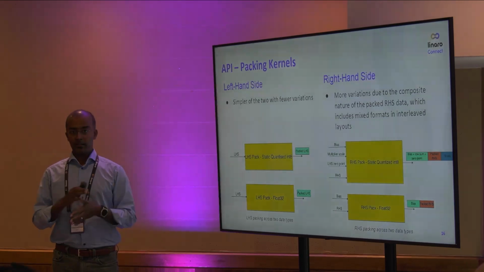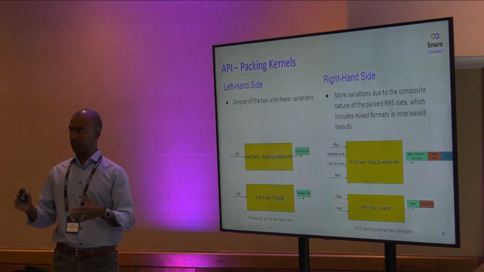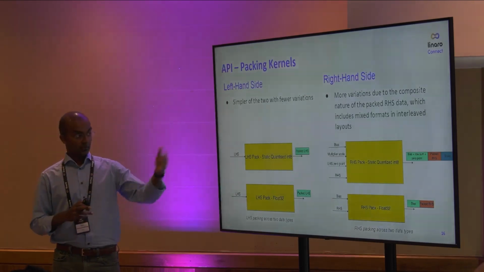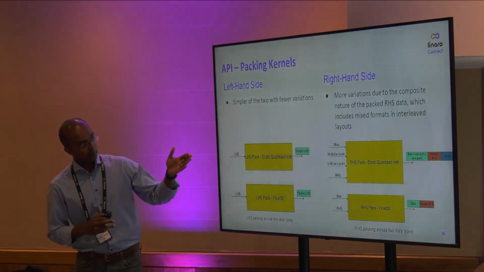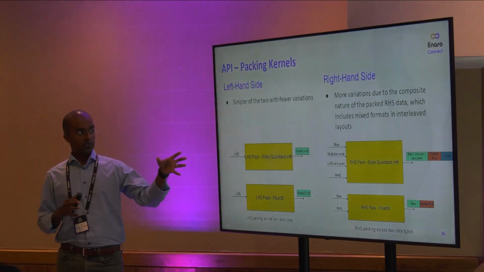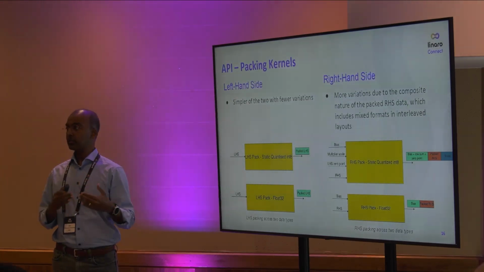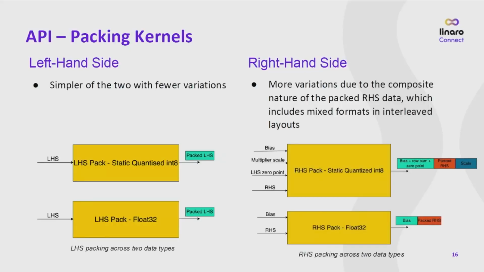Now, earlier, in the second slide I showed you, we say that KleidiAI supports multiple frameworks and not all frameworks. This is one of the reasons. One of the things that we do right now is we pack all of this bias data, scale data, and all of that in an interleaved manner with the right-hand side data. Not all frameworks can handle that.